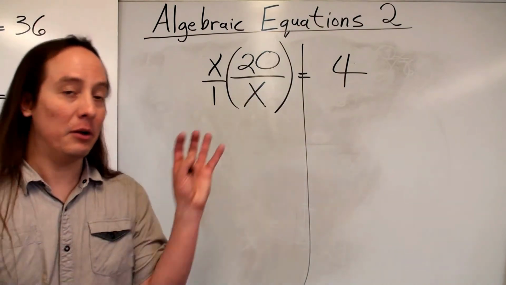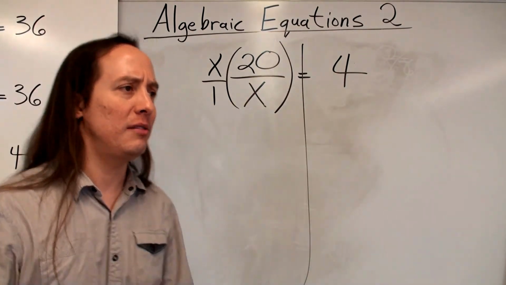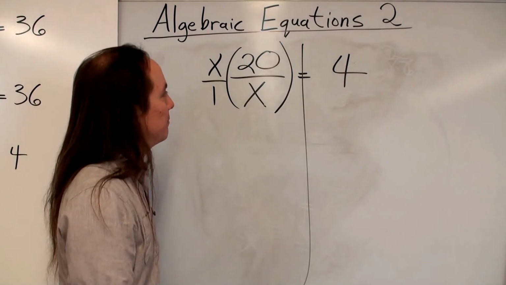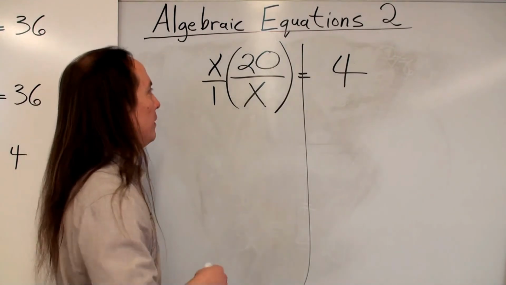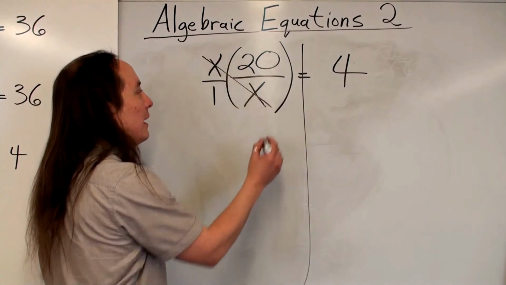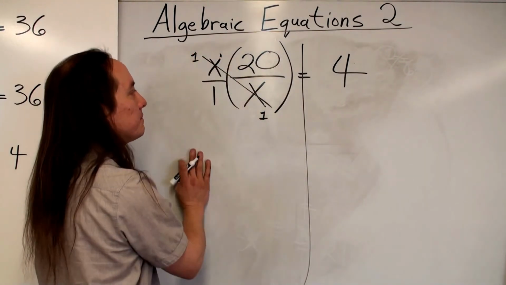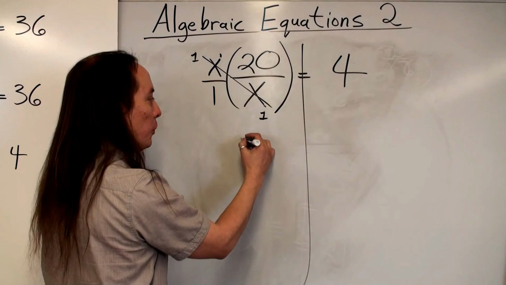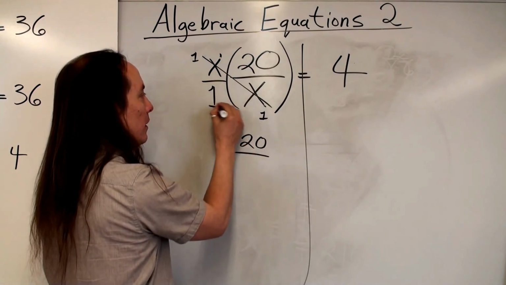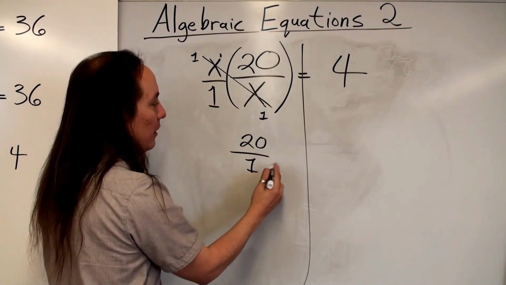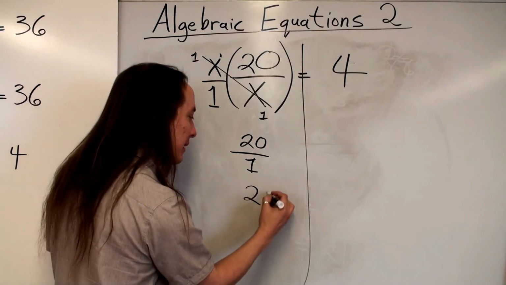You can say, well, I don't know what it is, but I know it's x. I can use x in place of it. That's the beauty of variables, right? Okay, so x over x, they'll cancel out, leaving a 1 and a 1. 1 times 20 is 20 over 1 times 1 is 1. 20 over 1 is 20.